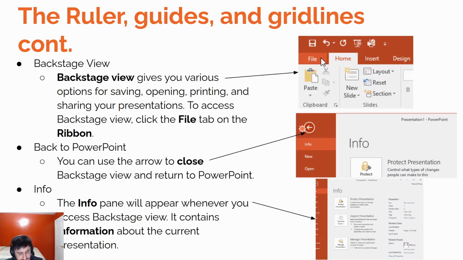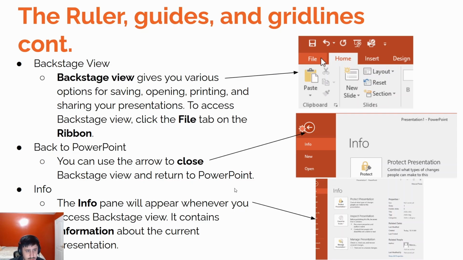If you didn't get the response, I wouldn't be surprised, because it is an odd-ish question and it was framed really weird. That said, the backstage view gives us various options for saving, opening, printing, and sharing our presentations. Again, we click on the File tab on the ribbon to access them.